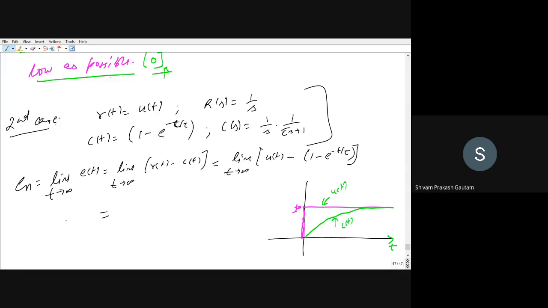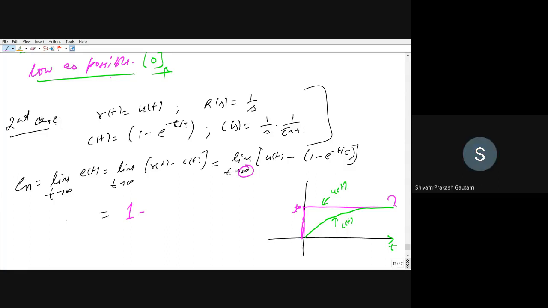So at t equal to infinity, what is the value of the input you are seeing? 1. At t equal to infinity, what is the value of c(t) you are seeing? 1.